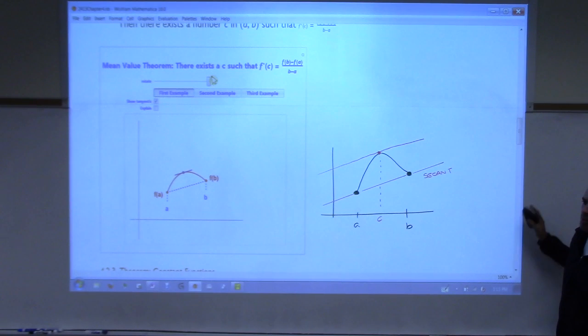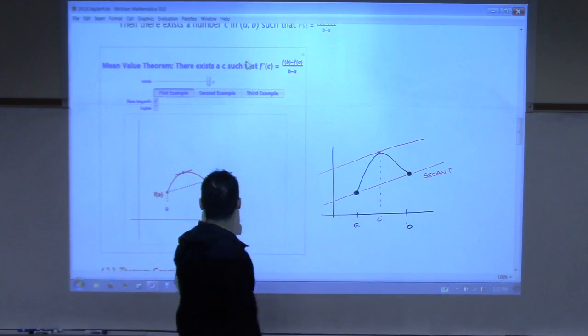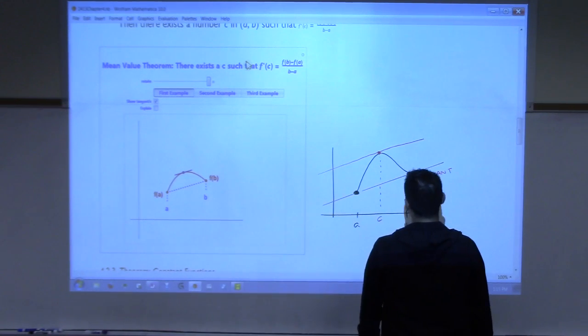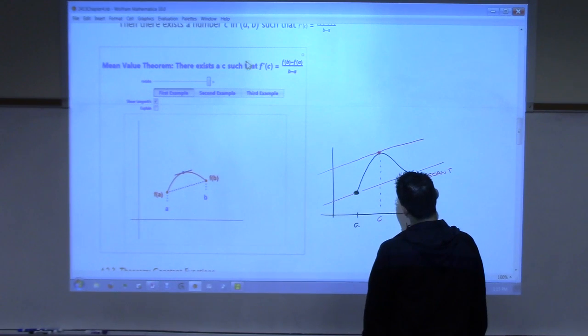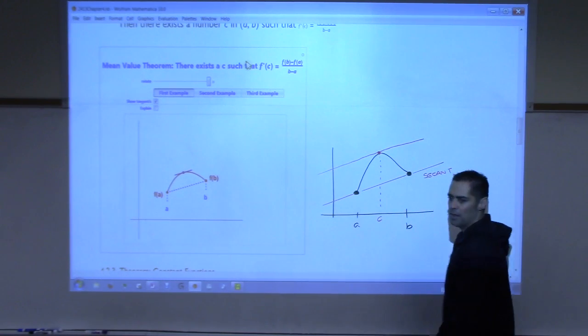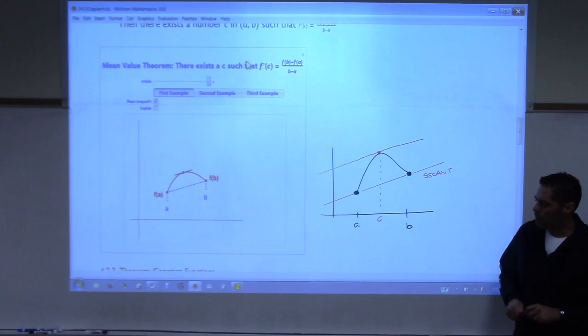And it's the same theorem but without the condition that the two endpoints have to be the same. Or if you want, you can just kind of like turn your head and you're back to Rolle's theorem, aren't you? That's all it is. Turn your head, that's Rolle's theorem. Go like that, your mean value theorem. All right.